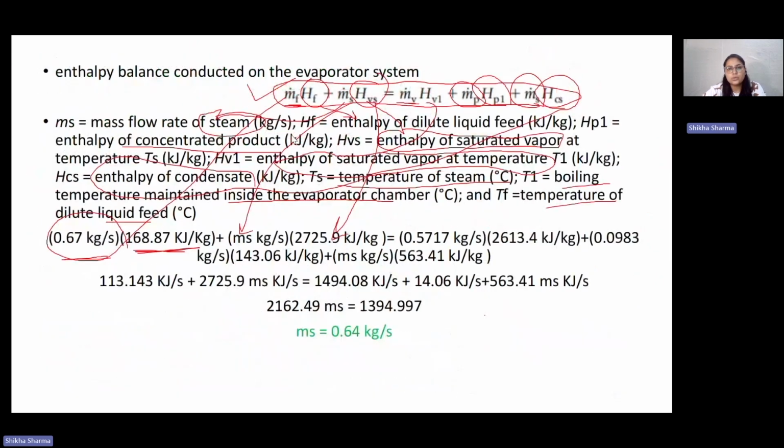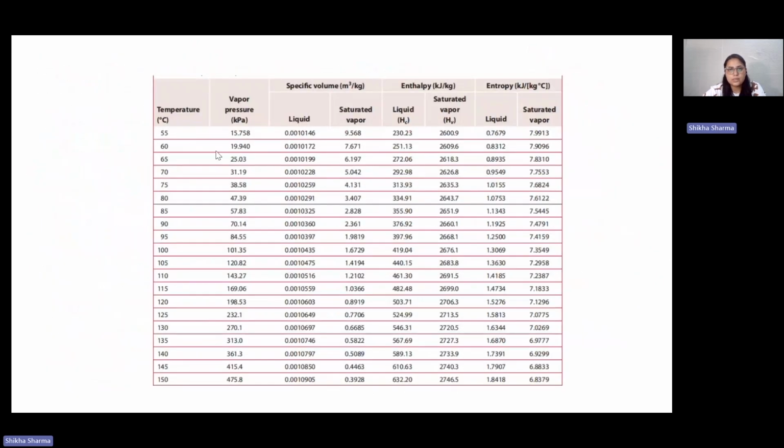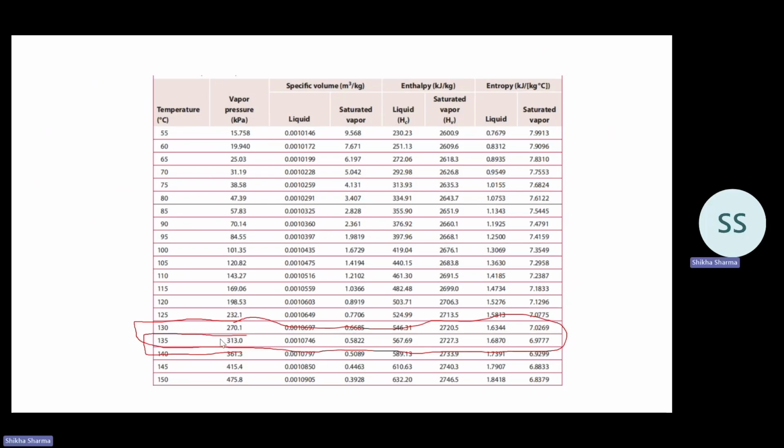So from the steam table, we can say, I'm sorry, this one. 300, it is in between this, right? So 304.4 kilopascal will come somewhere in this.